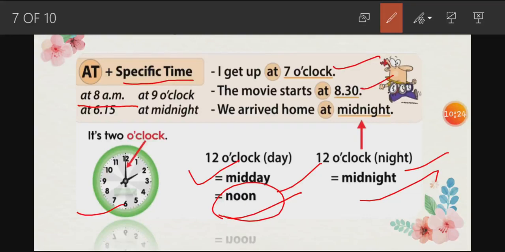It can be AM or PM, though it is not written, but it's also a specific time. We arrived home at midnight. Again, I told you that midnight obviously refers to 12 at night. So here obviously it will be the preposition at.